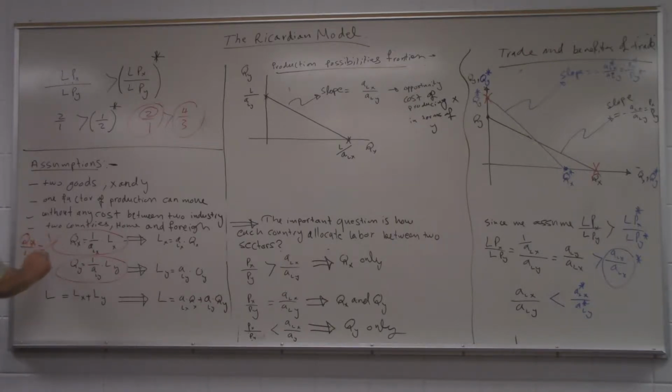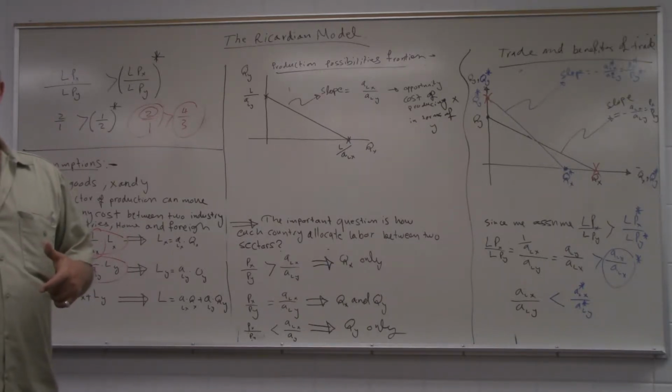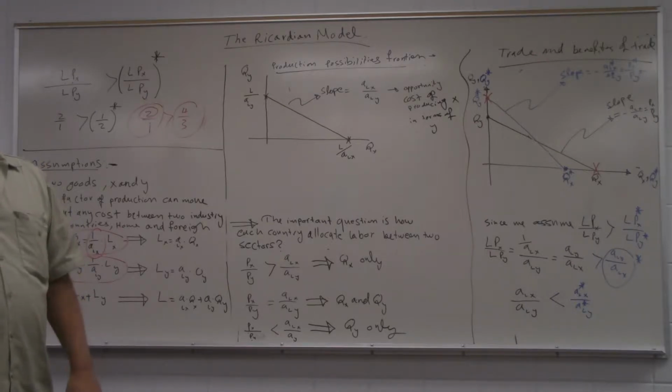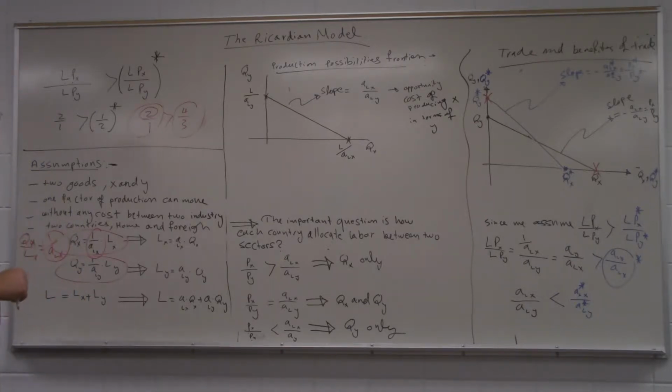This gives us this ratio, and this is the labor productivity in the good X industry. We can do the same for labor productivity in the good Y industry. We find this ratio, Qy over Ly, is equal to 1 over aLy.